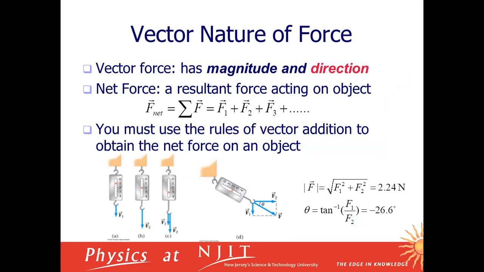The net force of an object is obtained through the Pythagorean theorem of your forces. As you can see here, we have F1 and F2. F2 is your horizontal force, and F1 could be your summation of forces with respect to the y-axis or vertical axis.